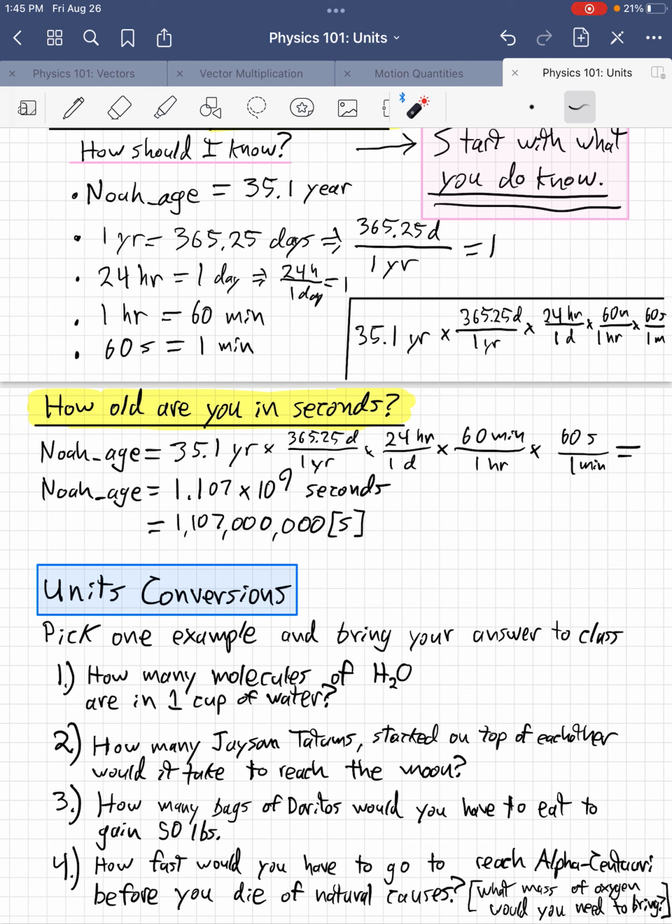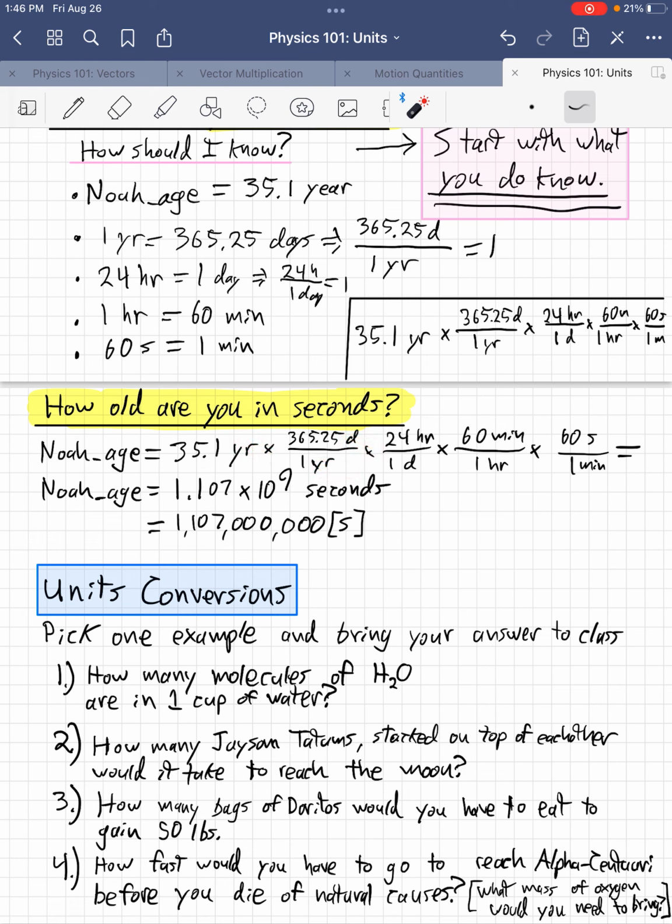But I have a couple practice questions that I want you to choose one example and try and do the calculations and bring your calculations to class, writing out all of your conversions and showing us how the units cancel to give your final answer.